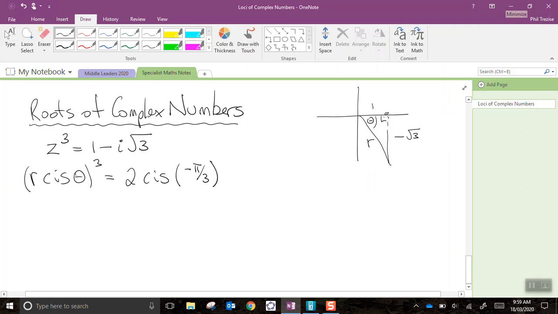That's nice. So using de Moivre's theorem, I've got r cubed cis 3 theta equals 2 cis negative pi over 3.